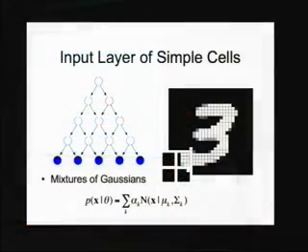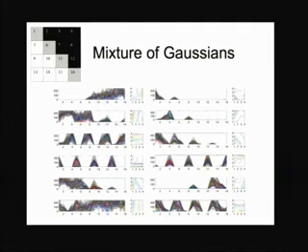So remember, at the bottom level, each of the nodes takes in a 4x4, or 16 different pixels, each one of them being 4-bit depth. And here's an example of the kind of features that the mixture of Gaussians learns. Up in the upper left-hand corner, you see the 16 pixels.